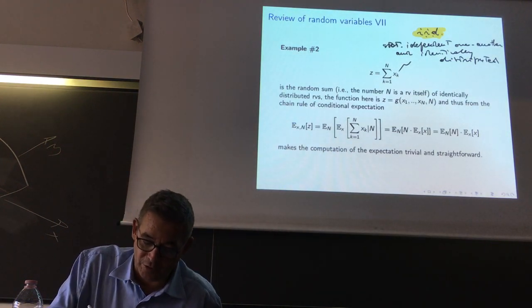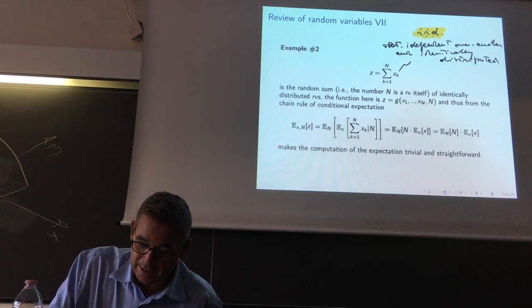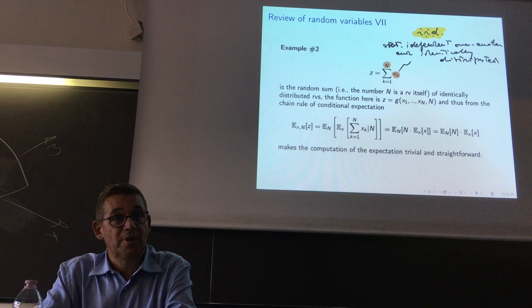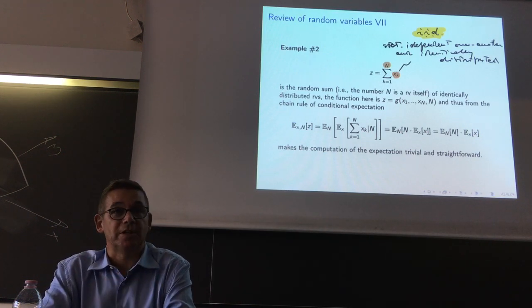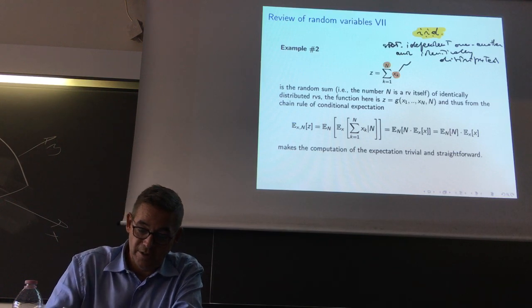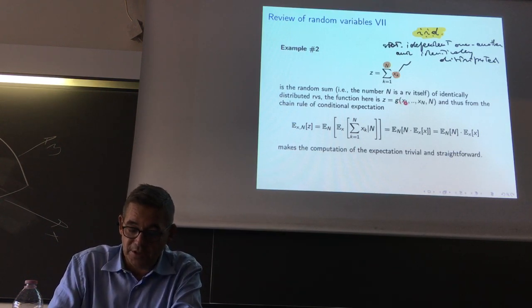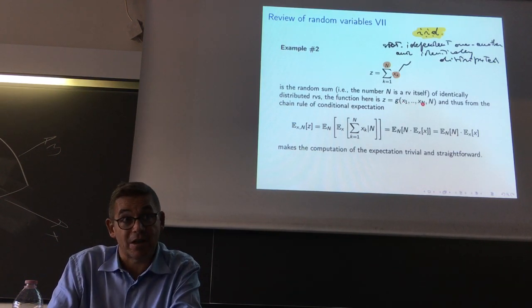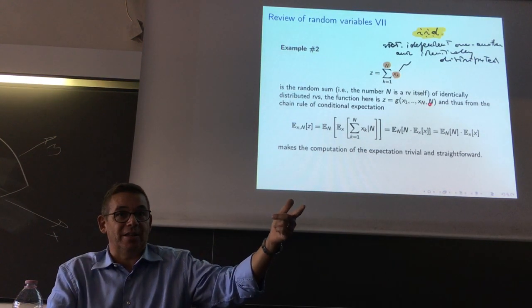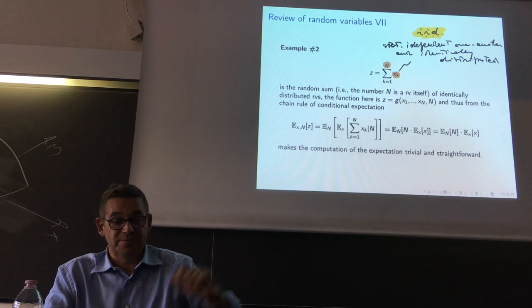So we have two random variables. One is n, and the other is xk. Okay? So how can I compute it? Now the way to compute is that I have a function, g, and the function g depends on n random variables plus n, which is how many. Okay?